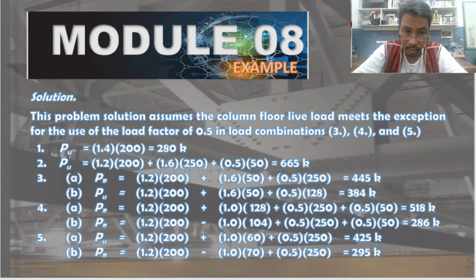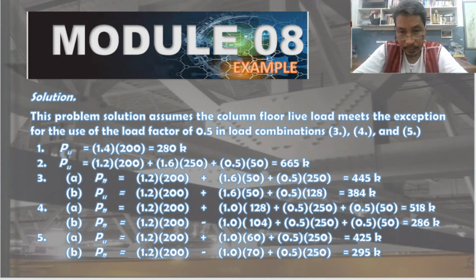So equation number 2: 1.2 dead load plus 1.6 live load, then 0.5 roof live load, equal to 665. Okay, so equation number 3.